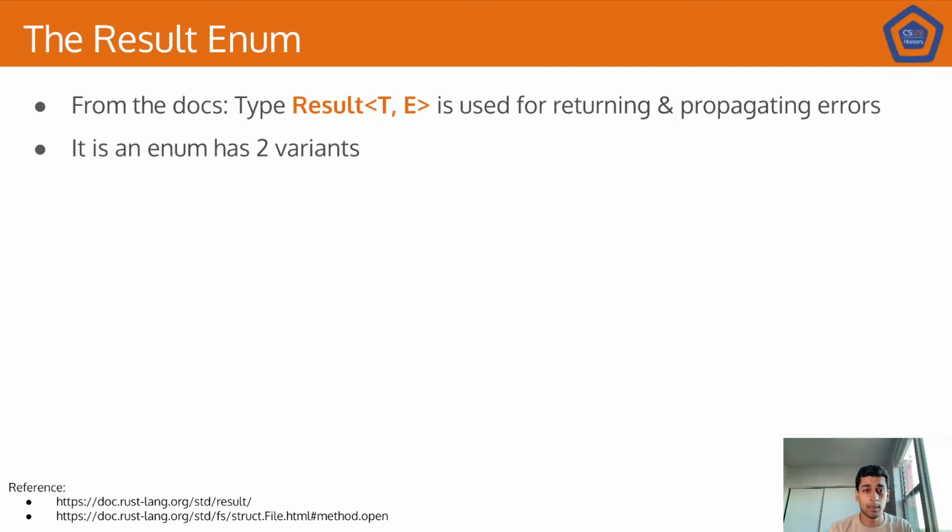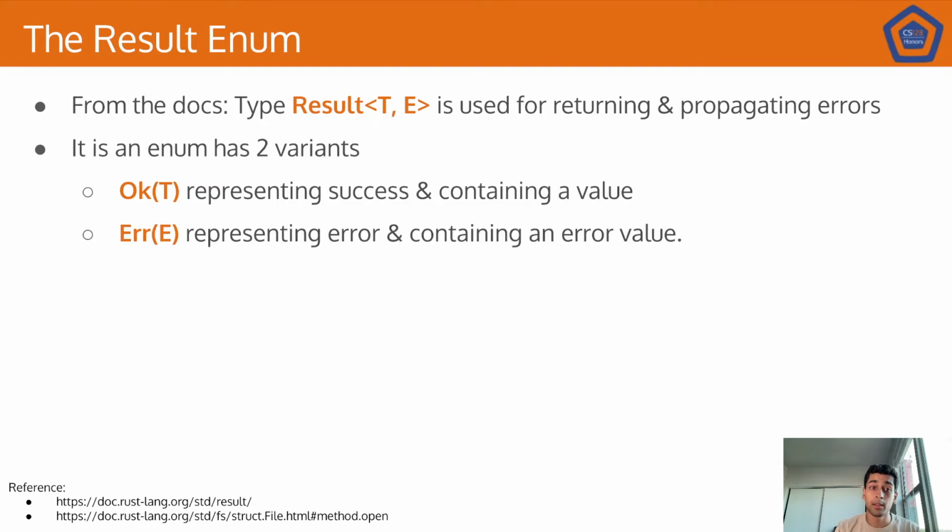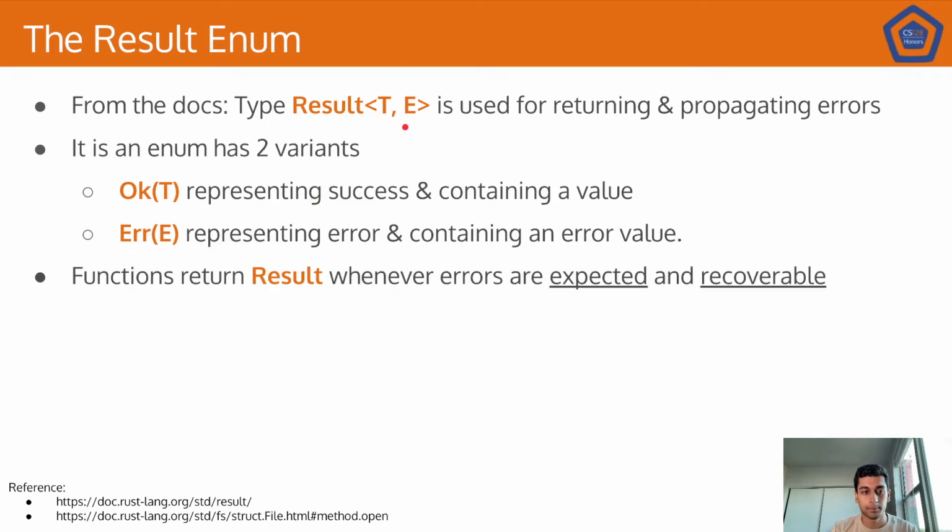So Result is an enum with two variants: Ok, representing some success, and it contains some value of type T, and Err, which represents some error, something bad occurred, and an error value. So whenever you see a Result type declaration, you'll see it as Result, and then in brackets, T comma E. So T is the type of Ok, E is the type of Err.